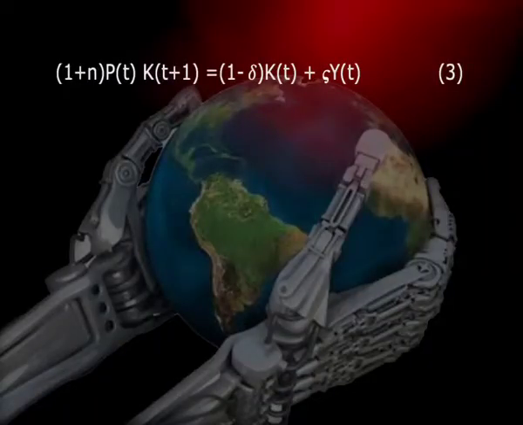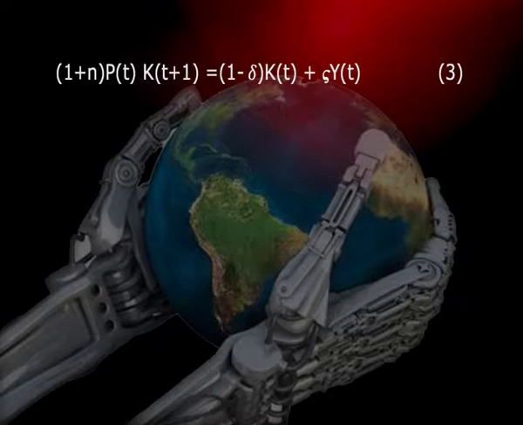Introducing population growth in equation 2, we obtain 1 plus n Pt into Kt plus 1 is equal to 1 minus delta Kt plus sigma Yt.